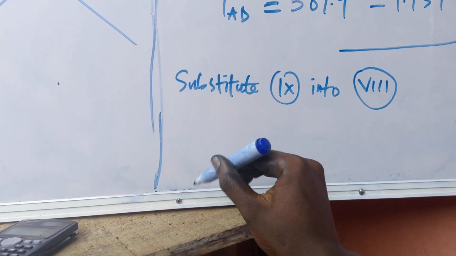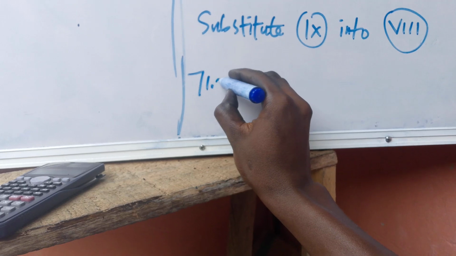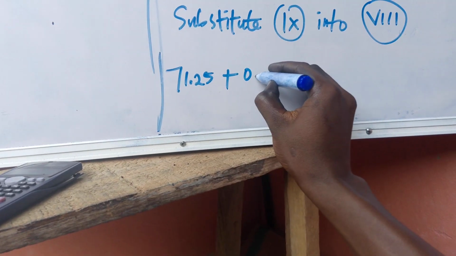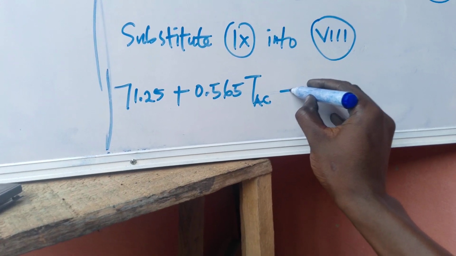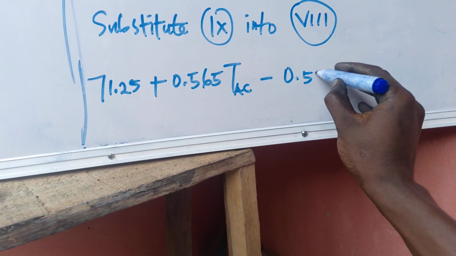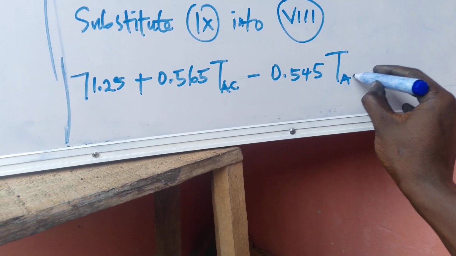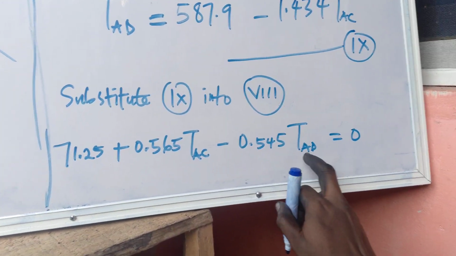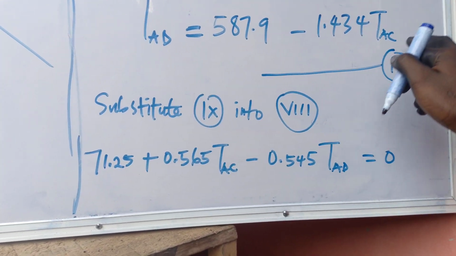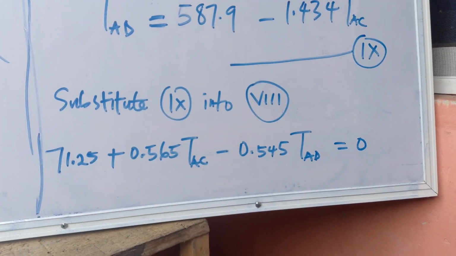So I'll write out equation 8. Equation 8 is 71.25 plus 0.565 TAC minus 0.545 TAD equals to 0. So in place of this TAD, I'll write the whole of this. That's the meaning of substitution.